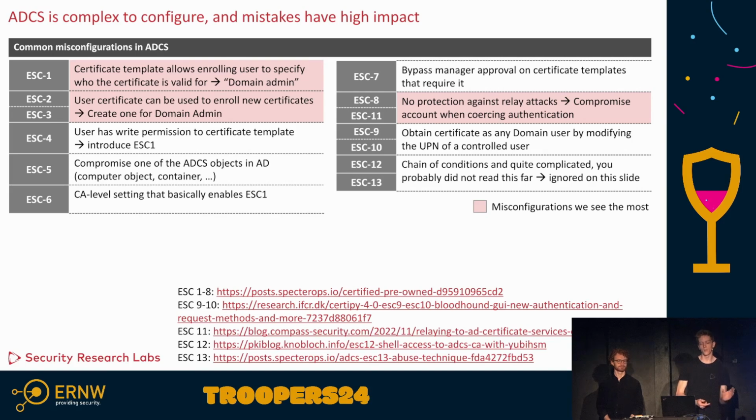And if you have one template that enables a low-privileged user to get a certificate for enrollment agents, you can then use that certificate in combination with a second template for enrollment agents to also get an authentication certificate for domain admin. And then finally, misconfigurations we also see quite often are ESC8 and 11, which are based on missing protection against relay attacks, but we're going to talk about that in a bit.